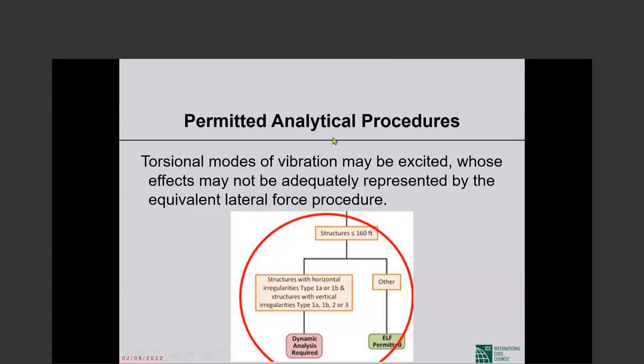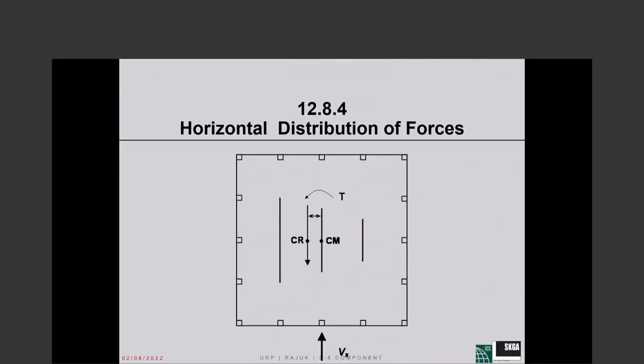If you have torsional irregularity 1A or 1B, that is one of the bad irregularities that will trigger dynamic analysis even for the shorter buildings. Okay, so if you have torsional irregularity, you have to look at this table and do dynamic analysis. Torsional modes of vibration may be excited whose effects may not be adequately represented by the equivalent lateral force procedure.